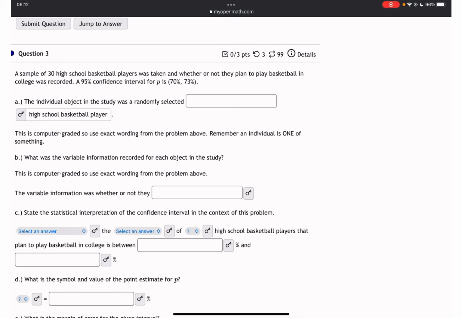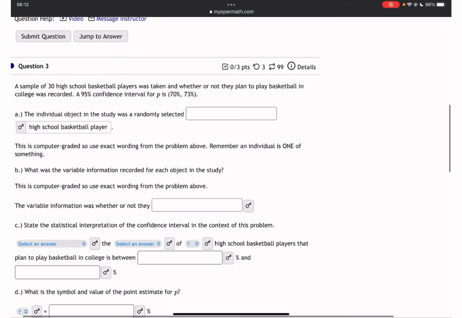What is the variable information recorded for each object in the study? The variable information was whether or not they plan to play basketball in college, right here in the problem. That's going to be the answer.